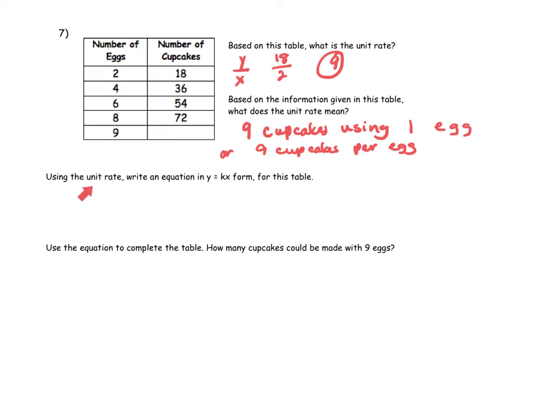Next question. Using the unit rate, write an equation in y equals kx form for this table. Our unit rate always replaces the k. That's why it's also referred to as the k value. Our final question, use the equation to complete the table.